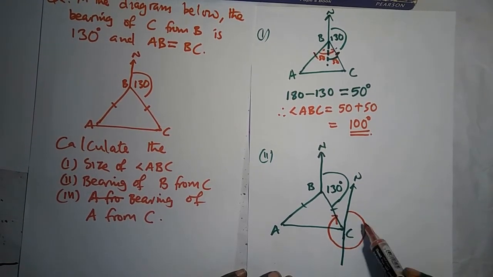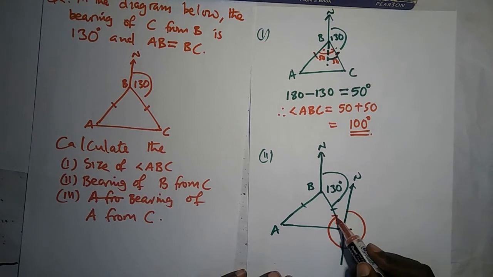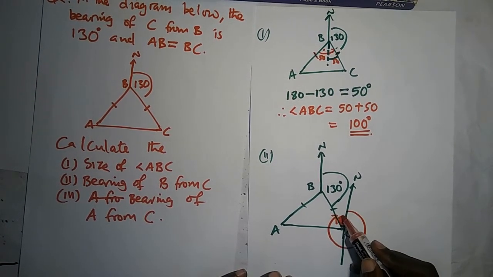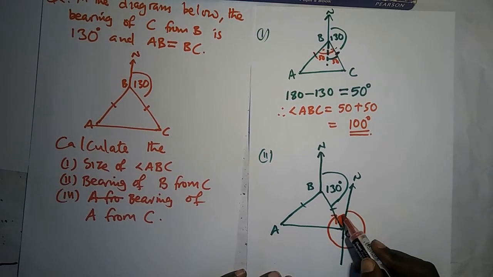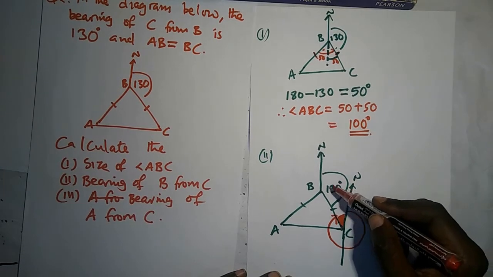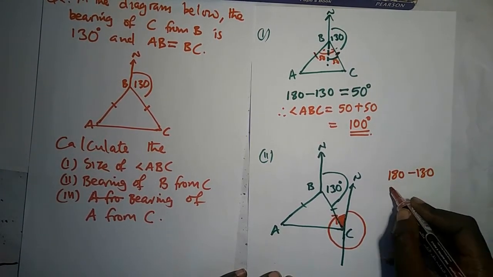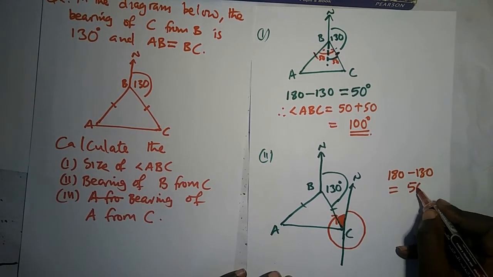So now we have to think of how to calculate that angle there. The easiest way that we can use is to find this angle inside here. When we find this angle, we are going to subtract the answer from 360. So for us to find this angle, we are going to subtract 130 from 180. So 180 minus 130 will give us 50 degrees.